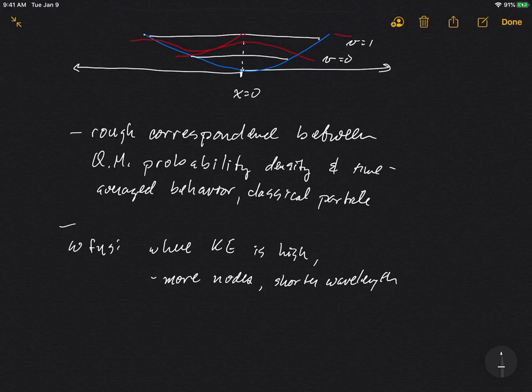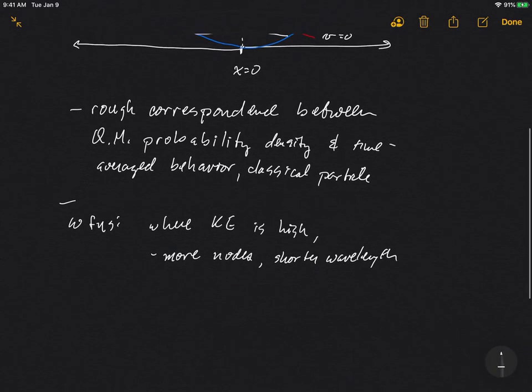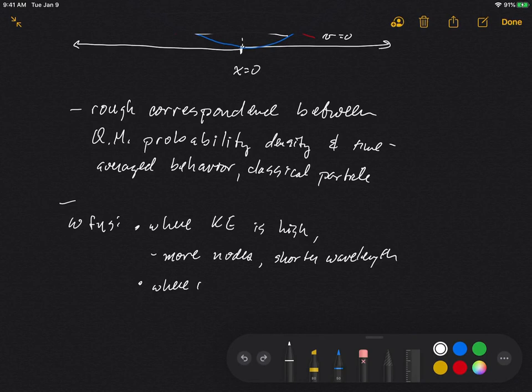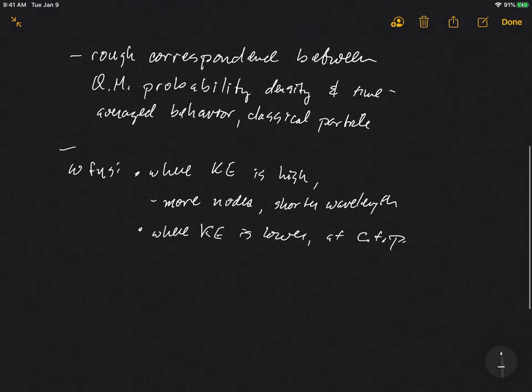And so, conversely, where kinetic energy is low, such as at the classical turning point, even though this is a quantum mechanical system, the classical turning point exists, right?